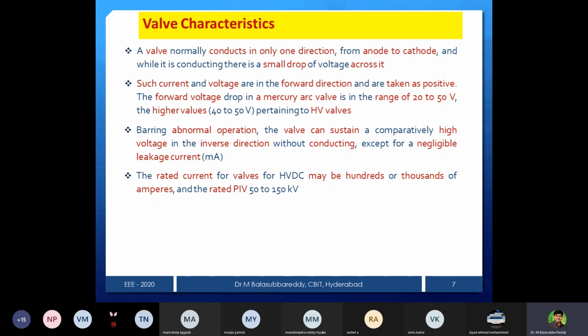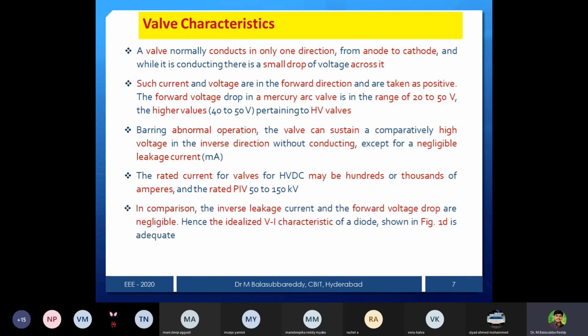So the HVDC valves may be 100 amperes or 1000 amperes, and the peak inverse voltage is 50 to 150 kV. In comparison, the inverse leakage current and forward voltage drop are negligible, so under these conditions we can neglect them. That is, the forward voltage drop is neglected.